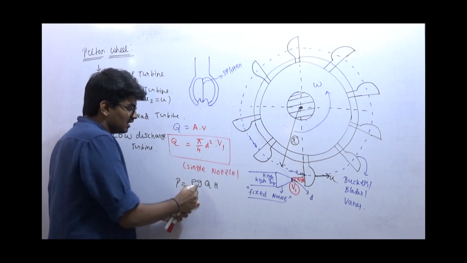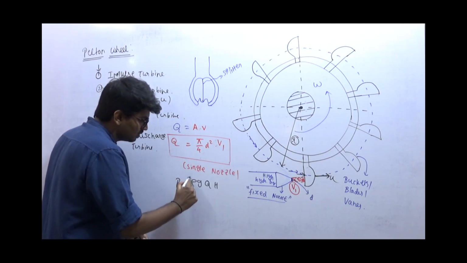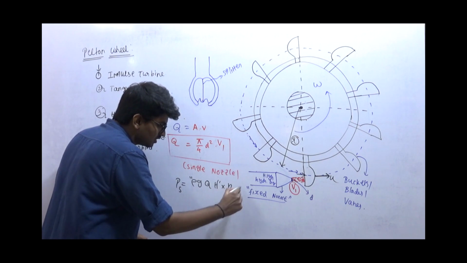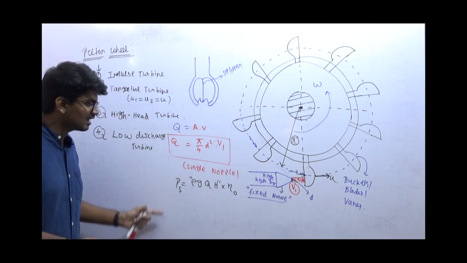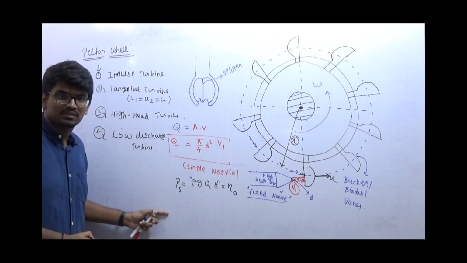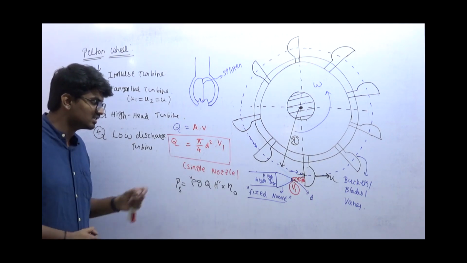Can I write that shaft power is equal to water power into overall efficiency? Overall efficiency is nothing but shaft power by water power. So if I multiply water power with overall efficiency, I will get shaft power, right?